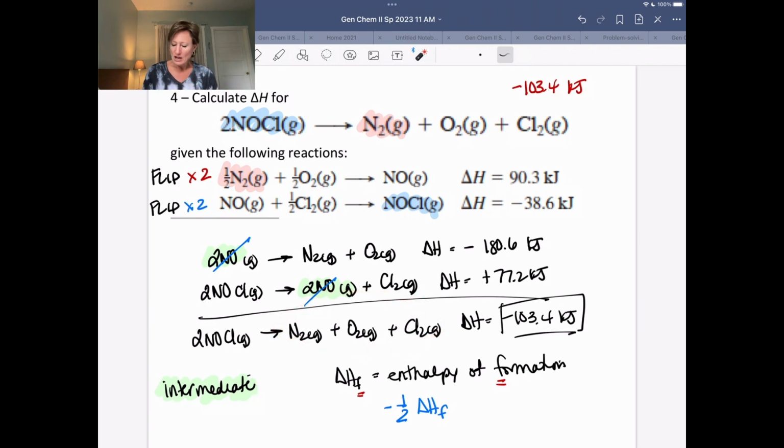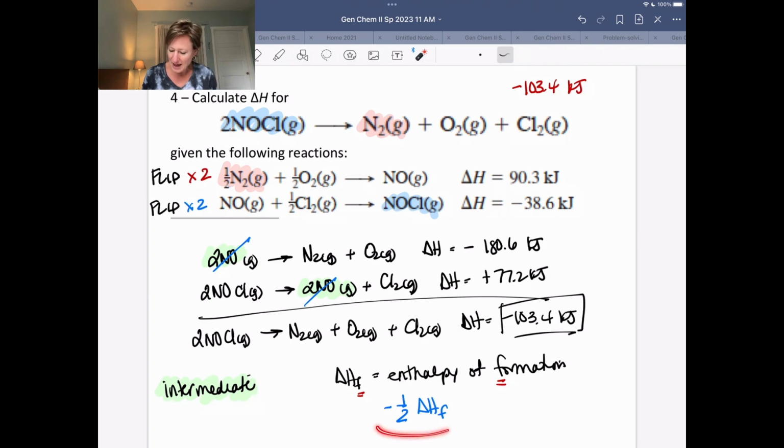So if we were to write a delta HF equation here for NOCl, it would be 1/2 N2 plus 1/2 O2 plus 1/2 Cl2 makes 1 mole of NOCl. That's a delta H of formation.